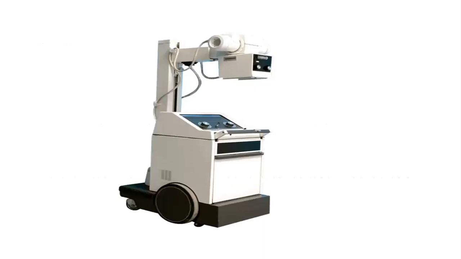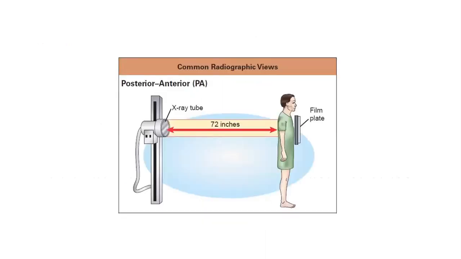This is the image of the X-ray machine or radiographic machine. In the next image, we can see that this is the X-ray machine, and this is the patient to be X-rayed, and it has a distance of about 72 inches from each other.